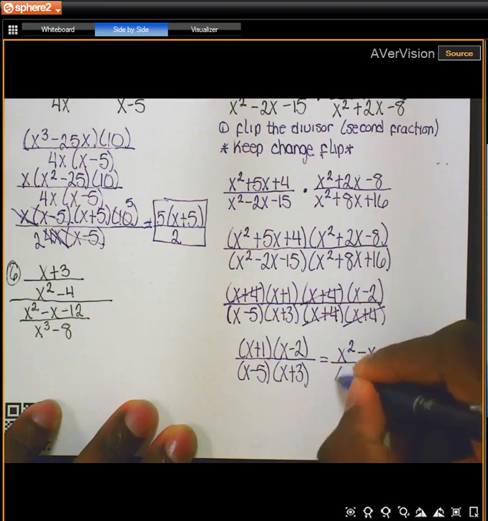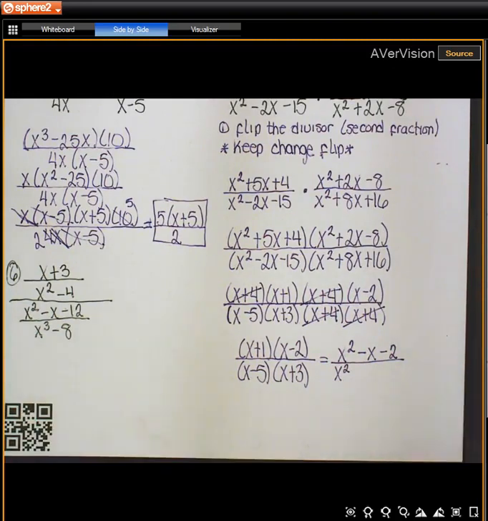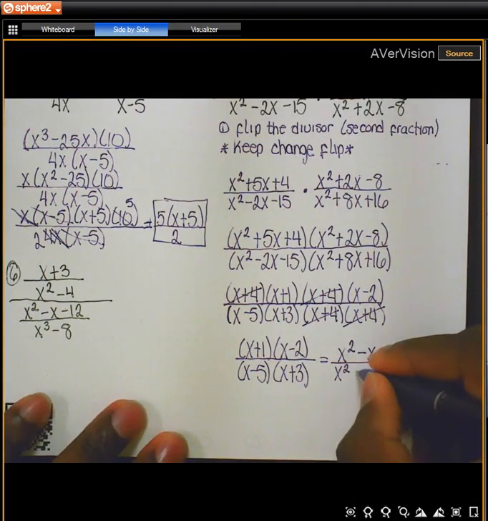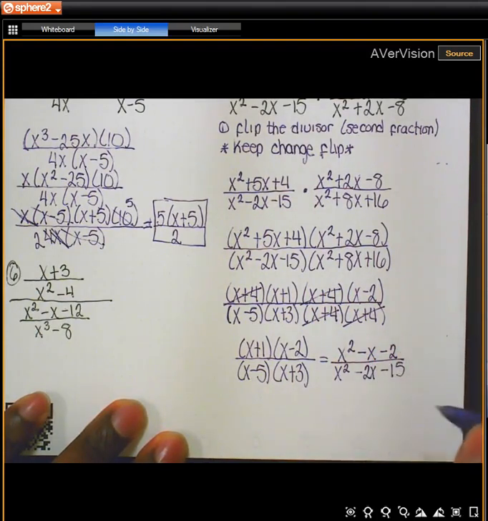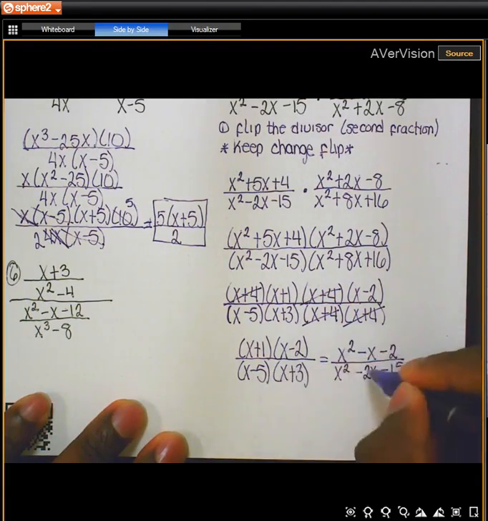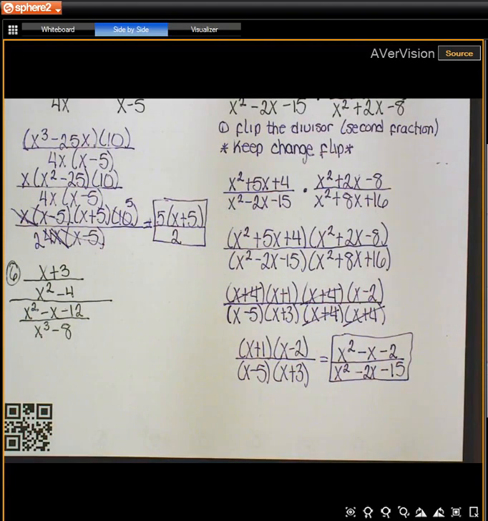And what about the denominator? So either one of these is fully simplified. Any questions?